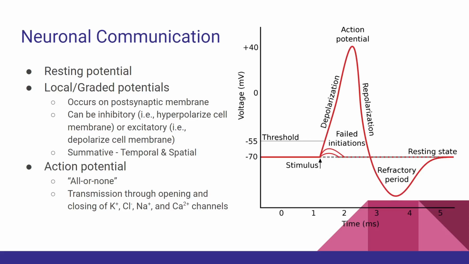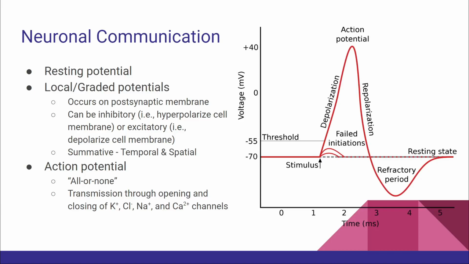Once that threshold is met, you get all of these ion channels opening along the axon, which causes rapid depolarization, followed by a repolarization that goes well below the resting potential, and then there are pumps to exchange these ions back into and out of the cell to restore the neuron to a resting state. And you can see the different steps of that process in the graphic to the right.